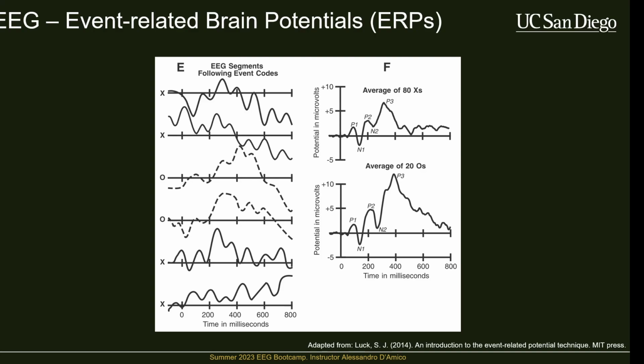So you might run an experiment where X's and O's are just as common as each other, and you'll find that the P3s on both of them are pretty small. Then you might run this exact same experiment, except you make the O's even more rare, only 10 O's and 90 X's, and you'll find that the P3 gets even bigger.